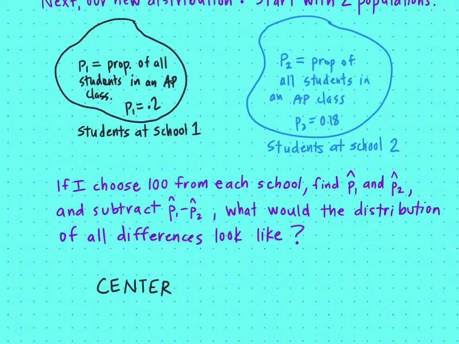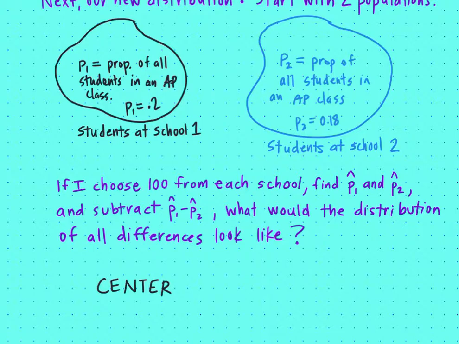The one from school 1 is probably going to be close to 0.2, and school 2 is probably going to be close to 0.18, but we know it's going to vary. We're not all going to get the same result. You might even get a sample at school 2 that's bigger than school 1. But we're going to find two separate proportions and subtract them. And now that's my individual data point. I'm going to put that on a graph and start to see what all those little differences look like.